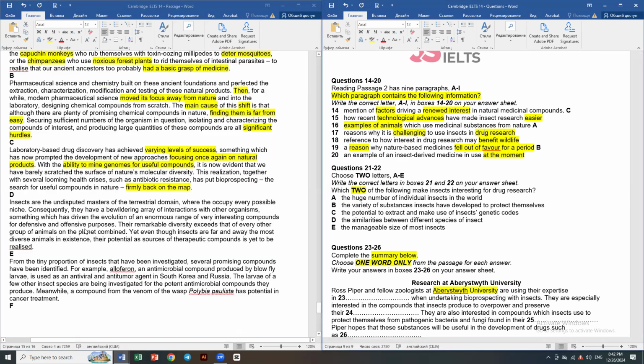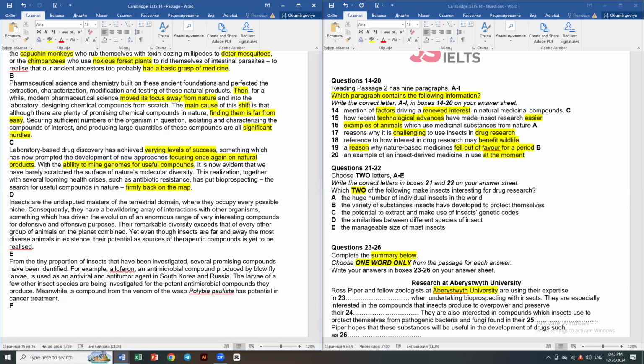Now if we go to paragraph D, insects are the undisputed masters of the terrestrial domain, where they occupy every possible niche. I think here it has to be they. Consequently, they have a bewildering array of interactions with other organisms.